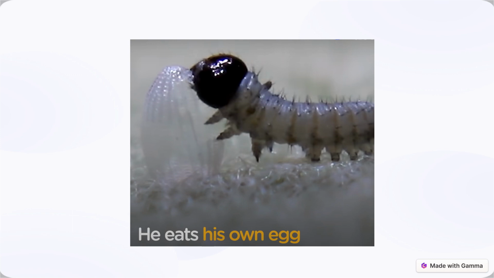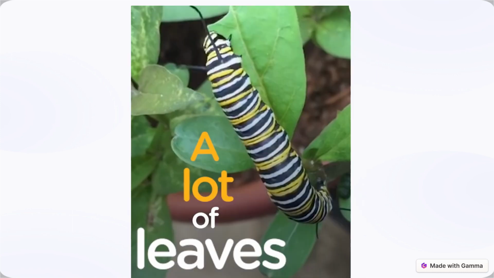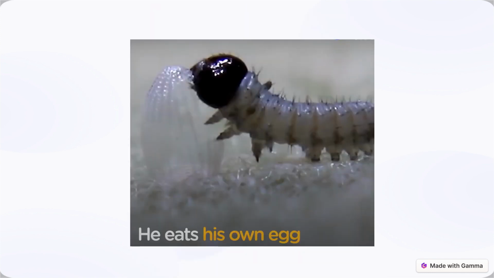So he will eat the eggshell itself, because he is very hungry and wants to survive. Then after that, he will eat a lot of leaves. The size of this baby caterpillar will become 100 times bigger.